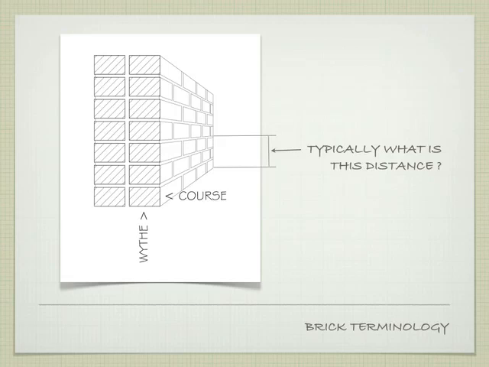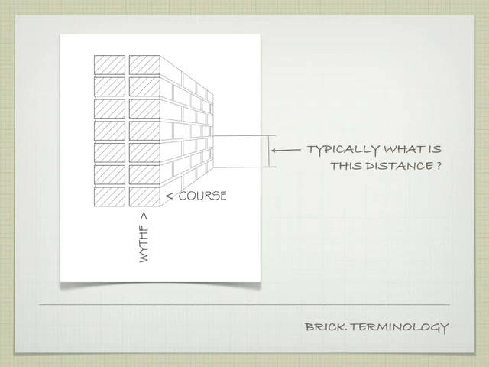So if we start to get into the terminology, a withe is one vertical row of bricks, right? So if we think about a brick veneer on a building where it's just one brick deep, that would be one withe, right? Likewise, we have what's called a course, which is one horizontal row of bricks, right?